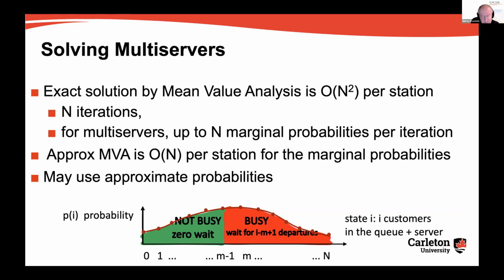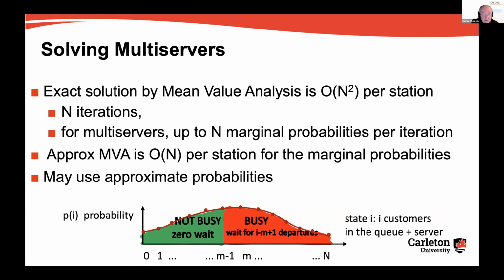You have to solve the system over and over again as you increase the number of customers from 1 up to the number n. So the overall solution complexity is n for the number of iterations you have to carry out and n for the marginal probabilities. And this, if you have thousands of customers, tens of thousands of customers, becomes prohibitive.